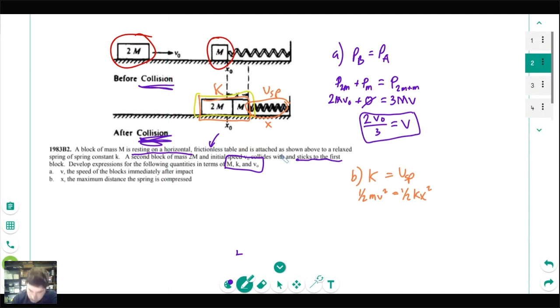All right, so let's drop the 1/2 to start off with. We'll plug in the values we know here. Our total mass is now 3m. Our velocity is 2 v naught over 3, squared, equals k times x squared.